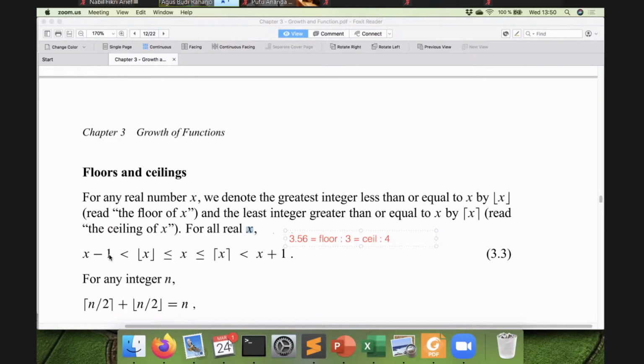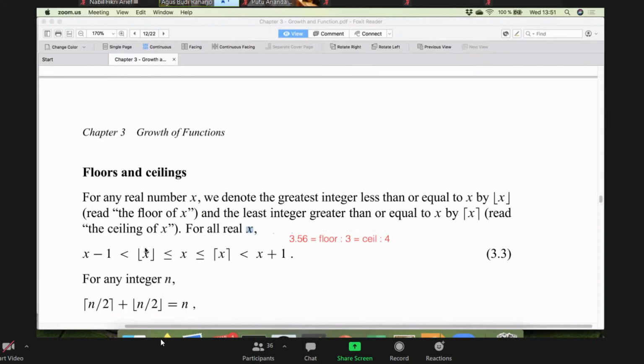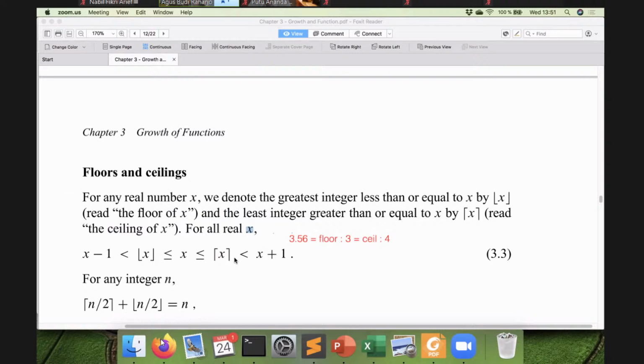So 3.56 minus 1 is less than the floor of x, which is 3, less than or equal to x, less than or equal to the ceiling of x, and less than x plus 1. As you can see here, 3.56, minus 1 is 2.56, and plus 1 is 4.56. Okay, I think it's easy.